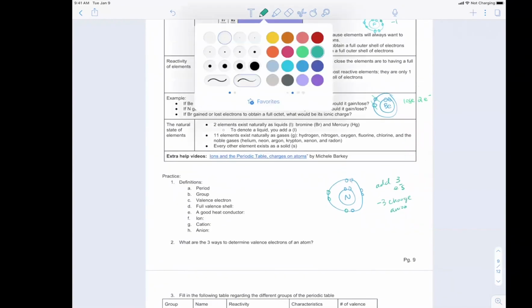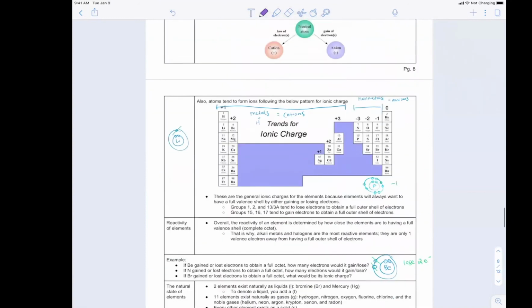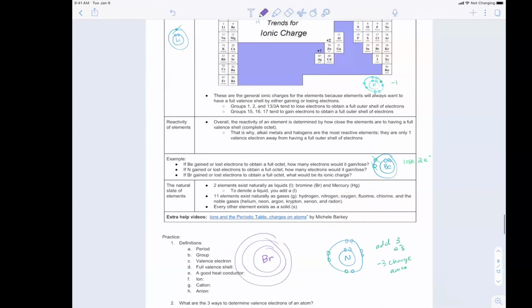Okay, and then you could do the same thing for bromine. Bromine has a lot of electrons, so you don't technically have to draw out all of them. But let's say I just draw out how many rings it has. So it has 1, 2, 3, 4 rings.